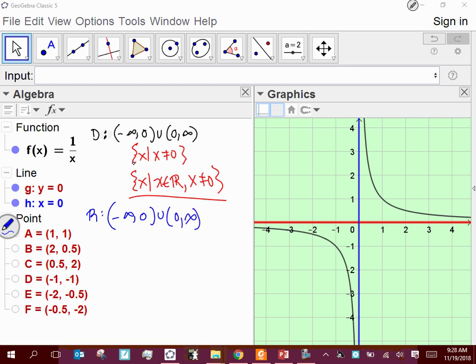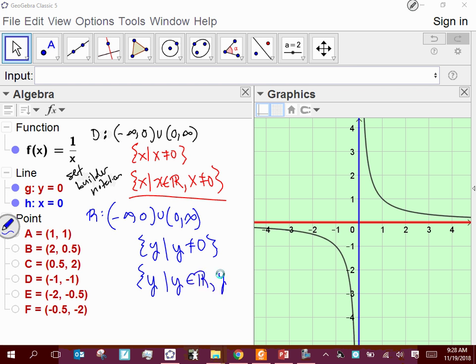Now, if I want to write that in what we'll call set builder notation, I could write it this way: y such that y is not 0, or y such that y is an element of the real numbers, or y is a real number except y cannot be 0. So those are some options of how we would write the domain and range.